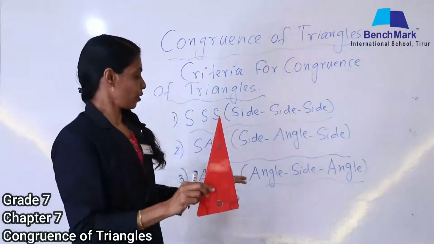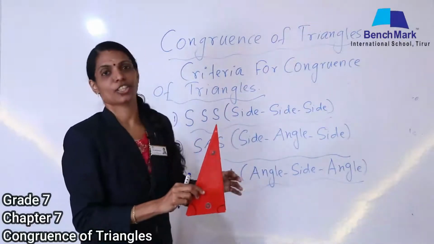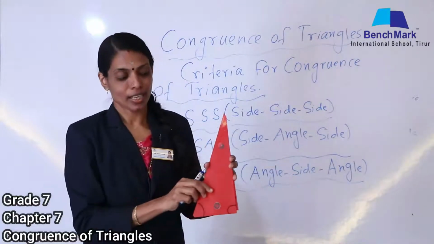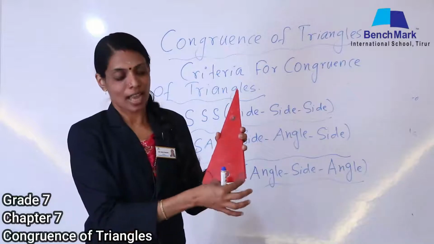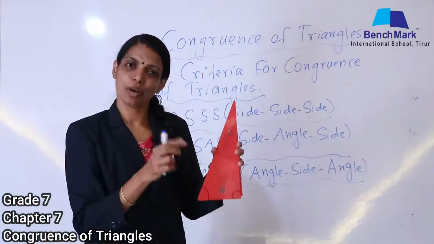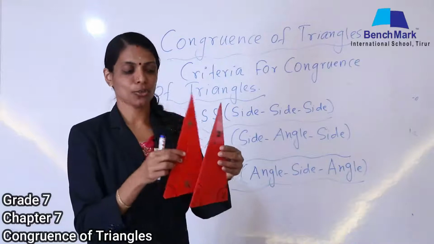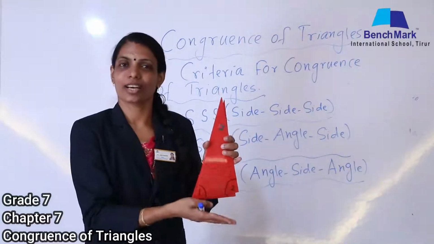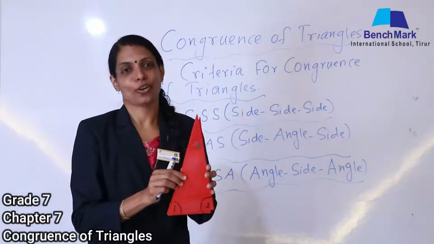Okay, so that's the meaning of ASA criterion for congruence of triangles. So how do we conclude that? If two angles and the included side of one triangle are equal to two angles and the included side of another triangle, they are said to be congruent.